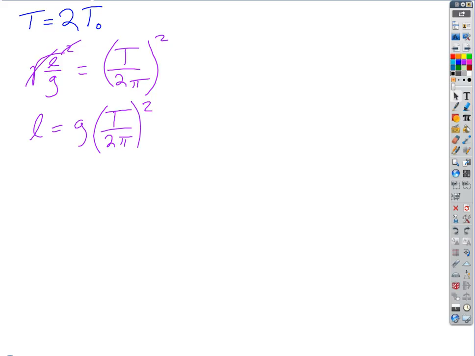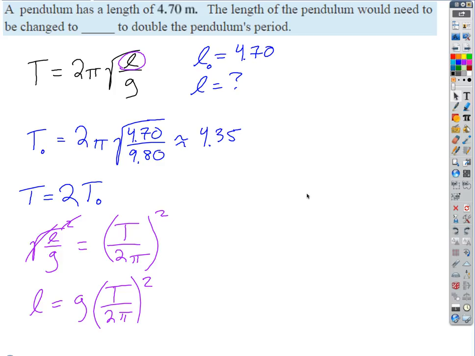But let's look at this original equation here, and I want to see if you could think of another way of doing this. If I'm going to double the pendulum's period, now look at this equation. This is how T and L are related, right? T is proportional to the square root of L, right?